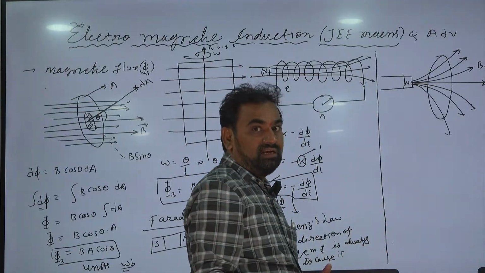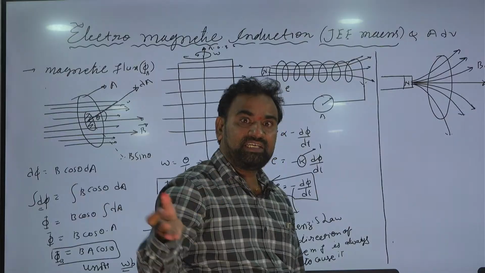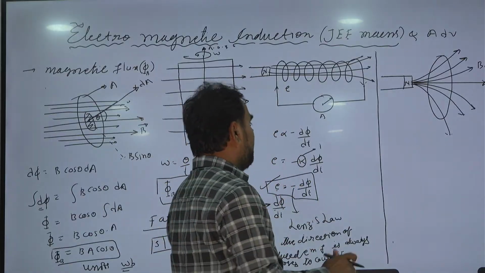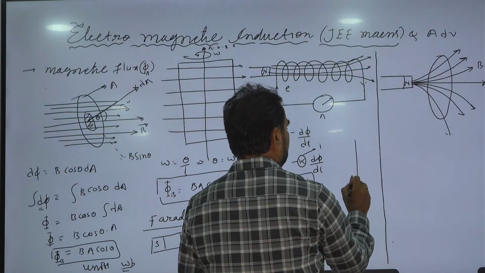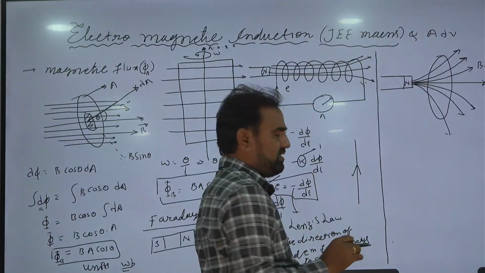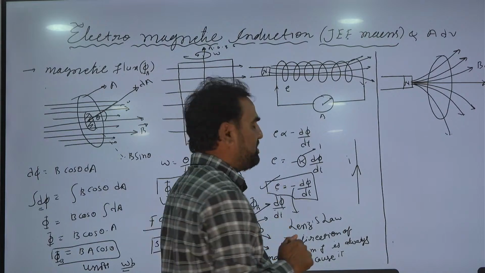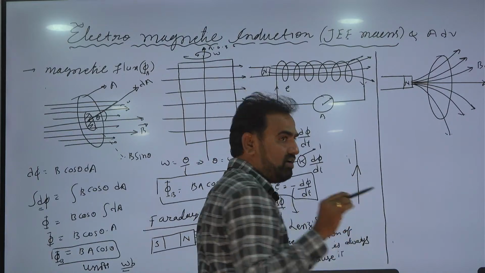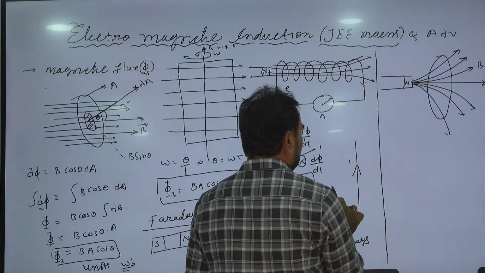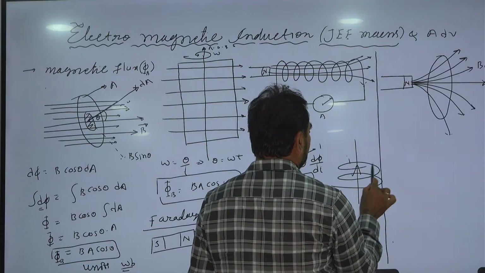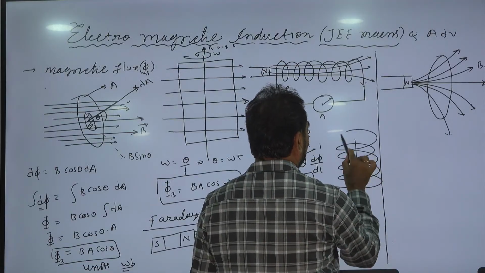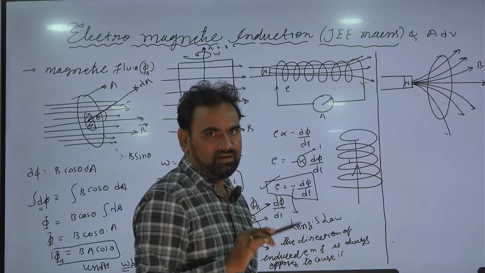That means the induced EMF can be produced as an induced magnetic field. Whenever a current flows across a conductor, according to Ampere's law, according to Oersted's law, a magnetic field is generated along the length of the conductor. Is it clear or not?